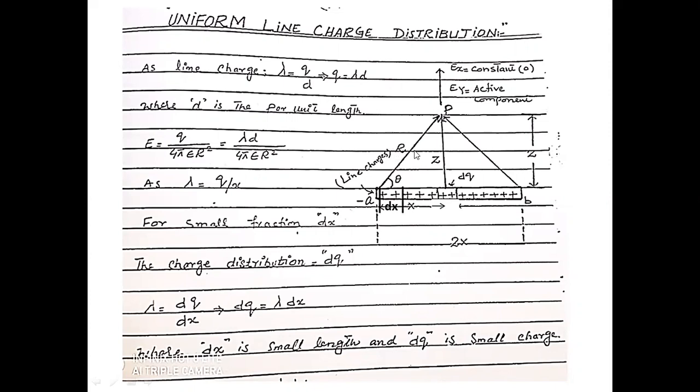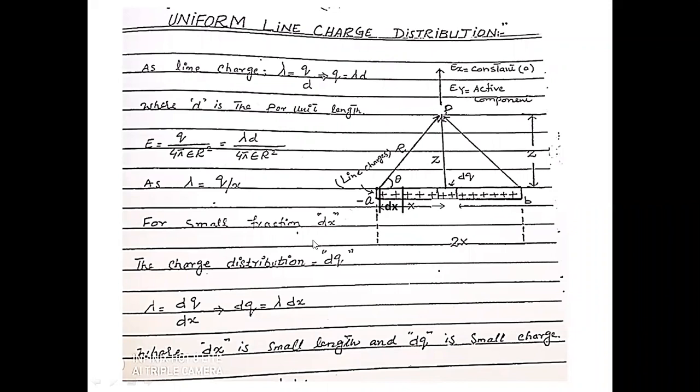We have studied that already in the previous class. That is the height. And dq is the small charge in the small gap. For the small fraction dx, the charge distribution is dq, meaning a small amount of charge.